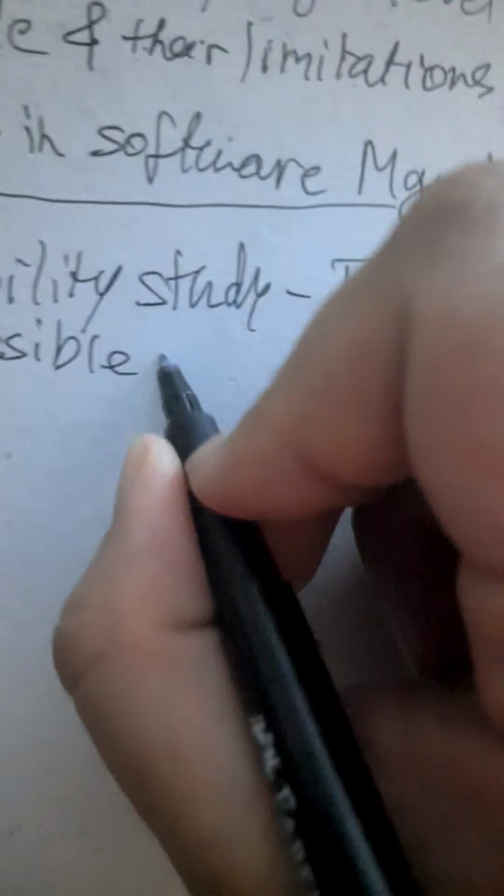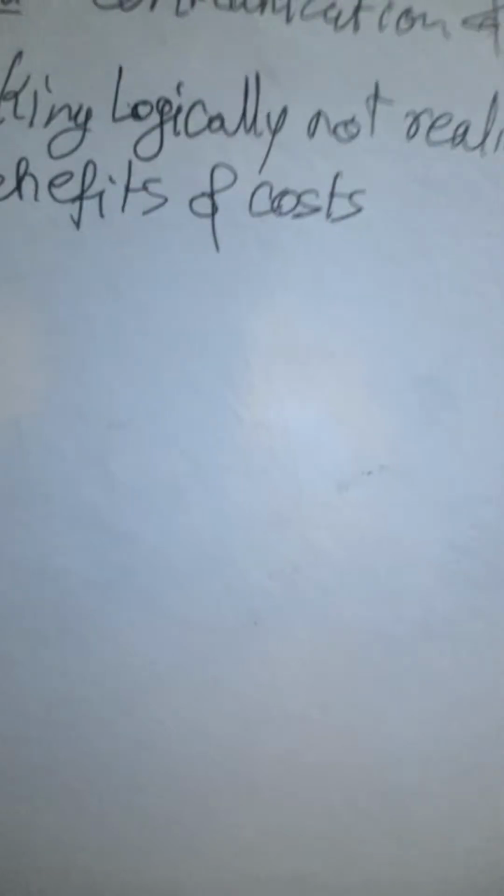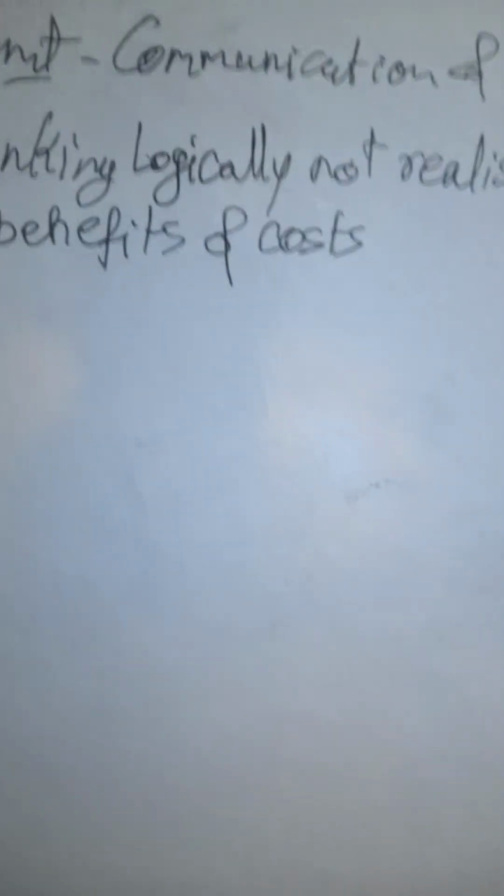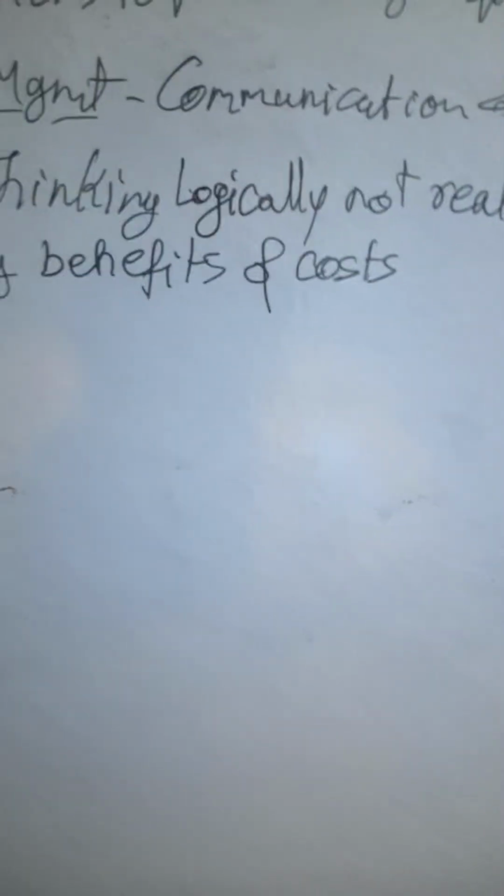Tell me. Weighing benefits and costs, right? If the cost of your project is high and your benefits are less, then obviously you are in trouble, because where would you bring money to fund that project? You are losing more, right?